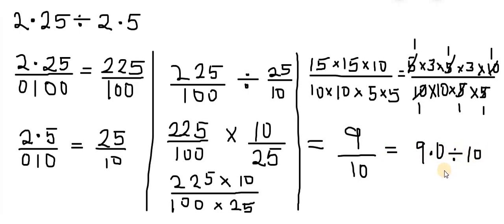Okay, we have to move the point one place to the left because of the division. Because we have 1 0 at the end, we move it only one place. So the point is in front of the 9, so that's 0.90, which we can just write as 0.9. Okay? 9 over 10 as a decimal is 0.9.